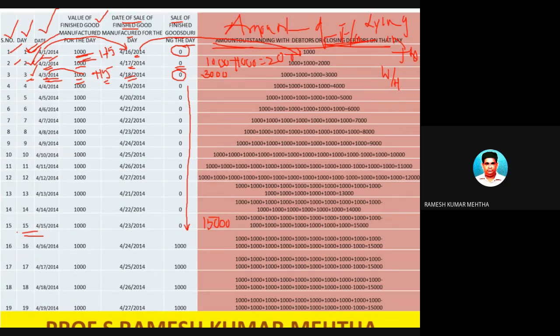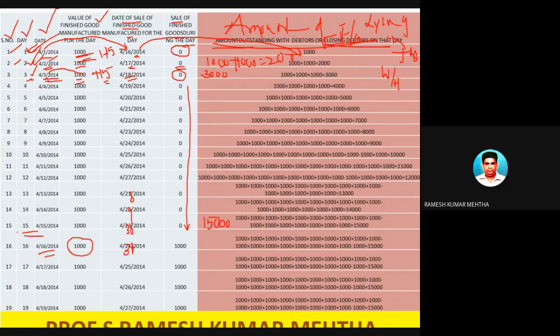On the 16th day, that is 16th April, we are going to manufacture another 1,000 rupees of finished goods, and this will be sold. Okay, there is a small correction. Okay, 23, 24, 25, this is 28, this is 29, this is 30, and this is 31st.